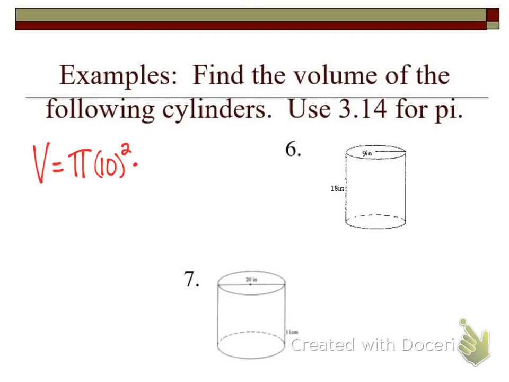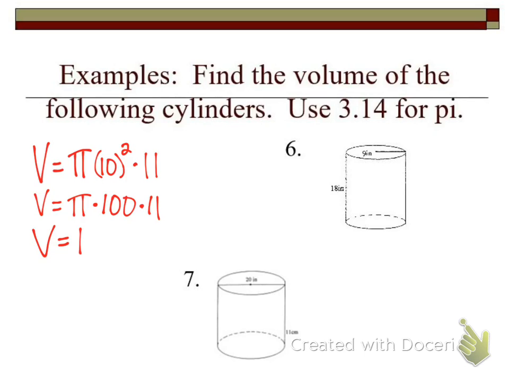You need to show your work for the volume. You don't have to show me 20 divided by 2. I'm confident many of you can do that in your head. What about our height? It's 11. All right, so our volume is equal to pi times 10 squared is 100 times 11.